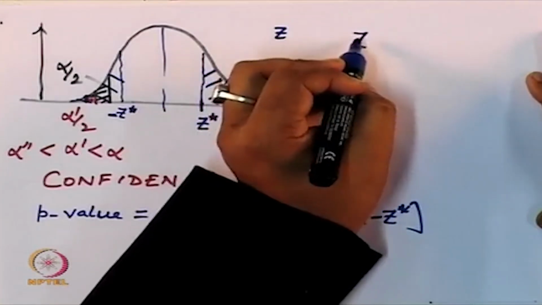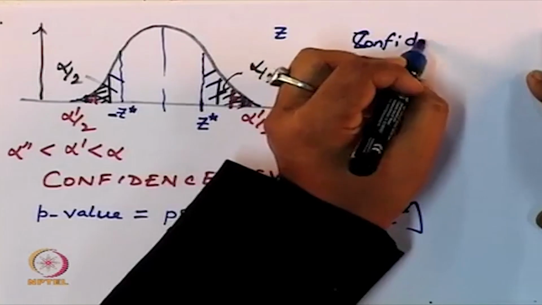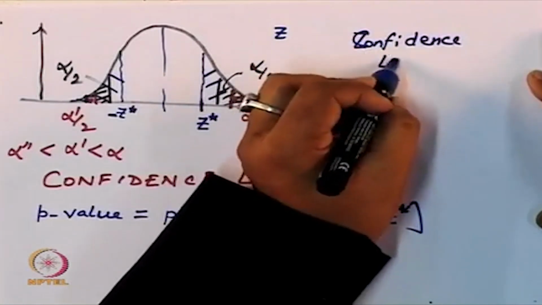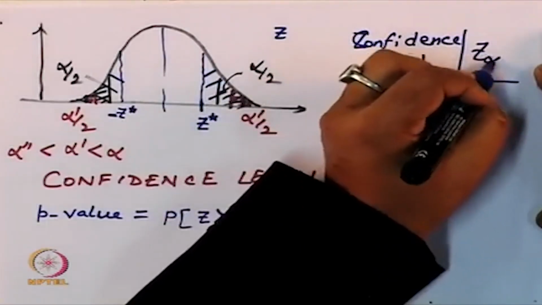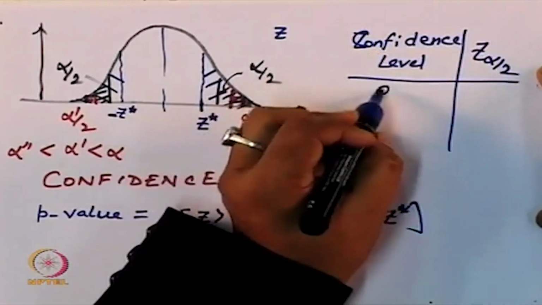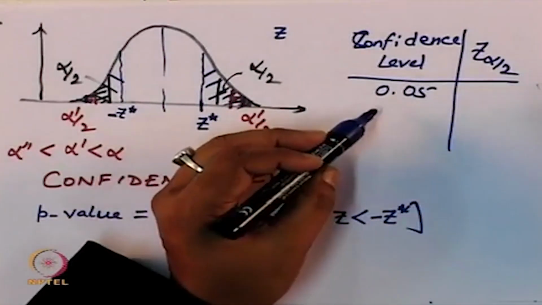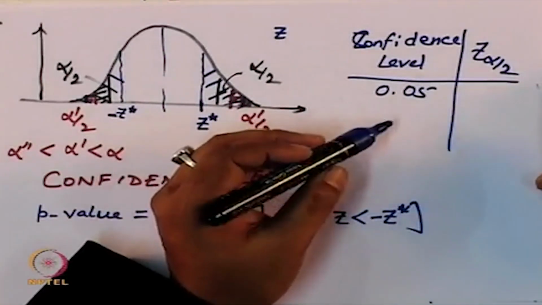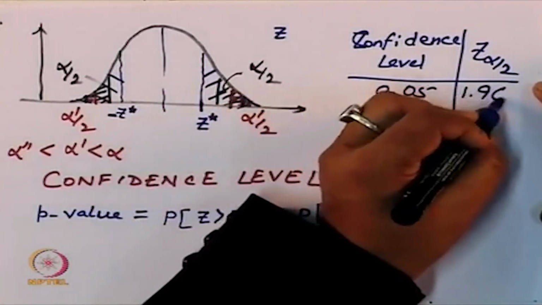So, for the confidence level, you can have z of alpha by 2. If you want a significance level of 0.05, which means 95% certainty that you want to reject H naught, then this value of z alpha by 2 is 1.96.